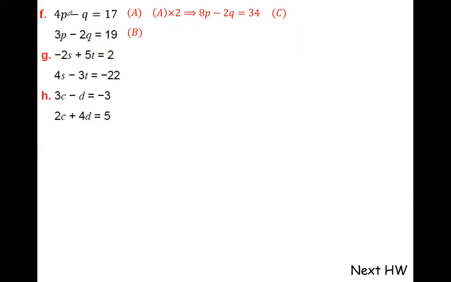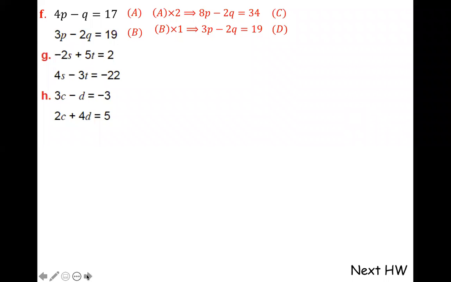So we're going to do A times 2 this time to get minus 2q at the top, and then B times 1, and I'm just going to add them together. And once you add them together, things become a bit easier, because C plus D, or C minus D, I'm going to take it away.